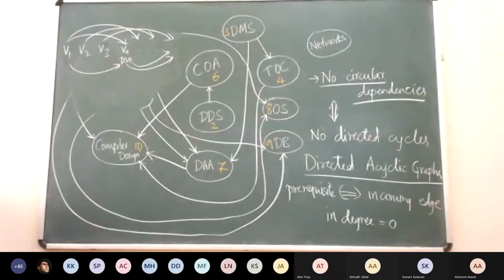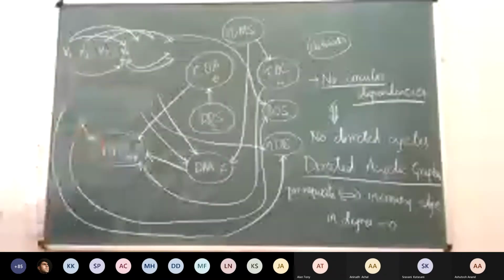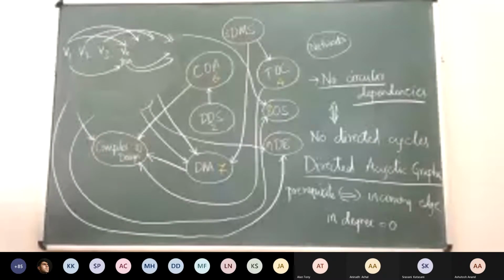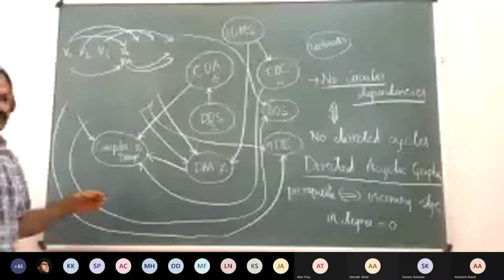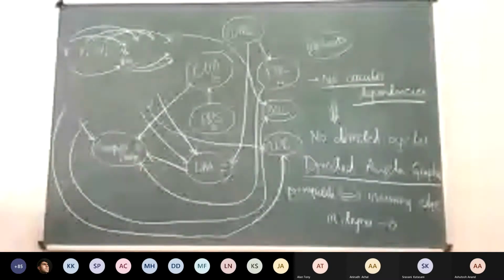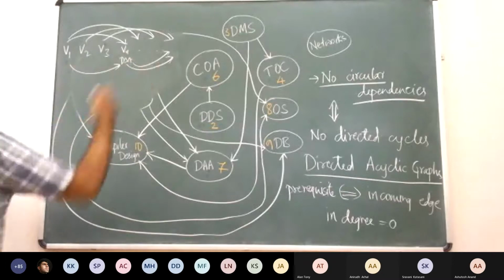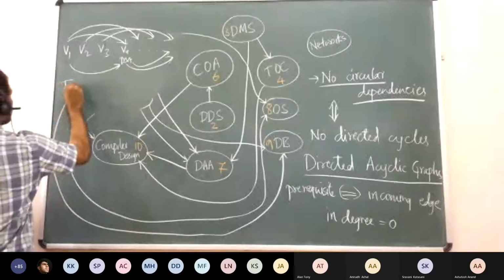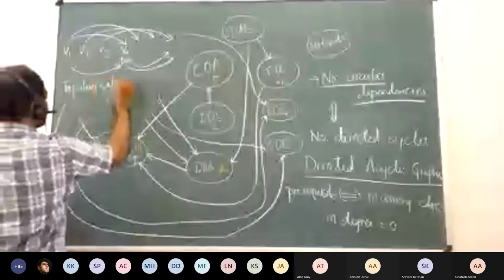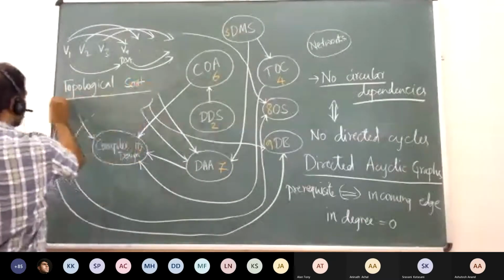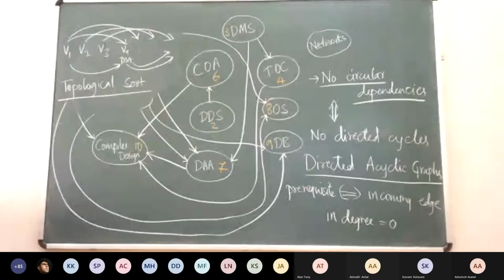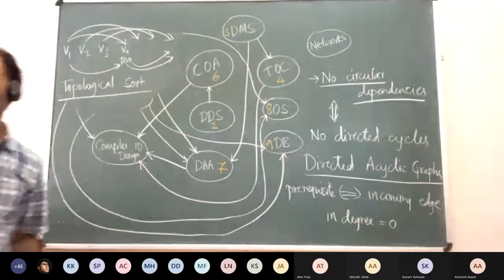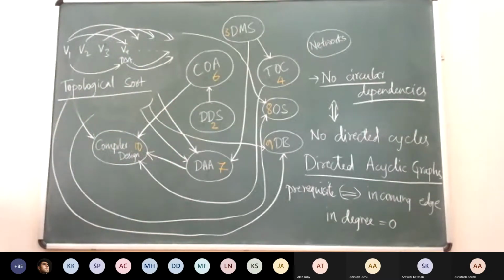So this is a special ordering of these vertices, where left and right, forward or backward, comes into the picture. Such a sorting of vertices is called a topological sort. This kind of sorting where all the edges go from left to right is called a topological sort.